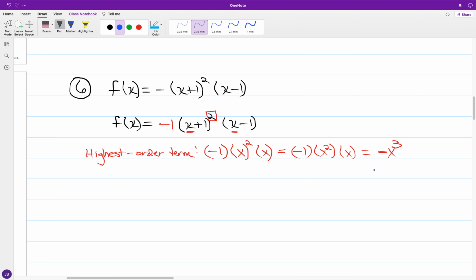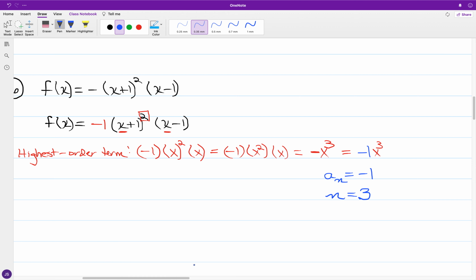You could just write that as negative 1 x cubed. So for the highest degree term coefficient, a of n is equal to negative 1, and the degree of the highest order term is going to be 3.